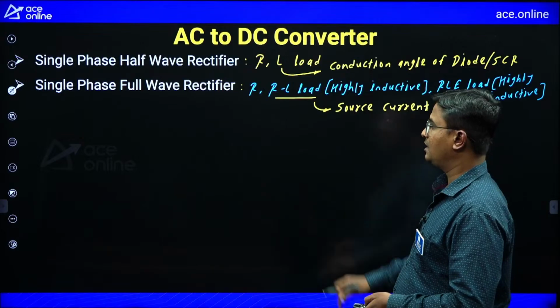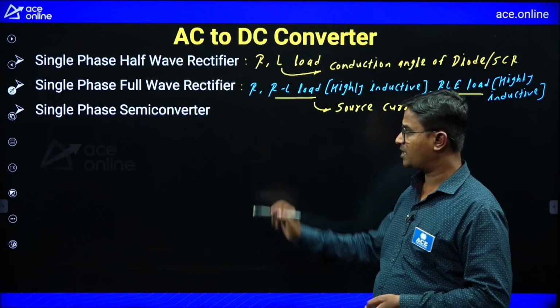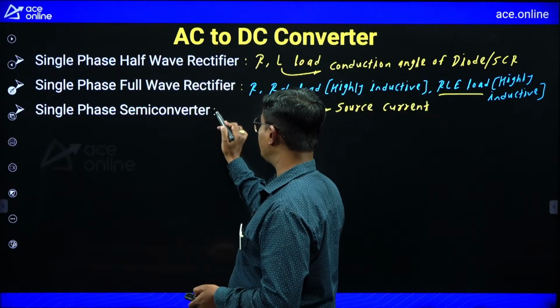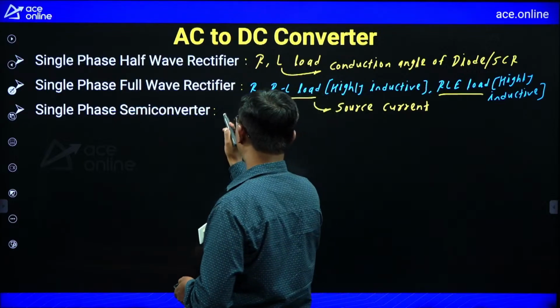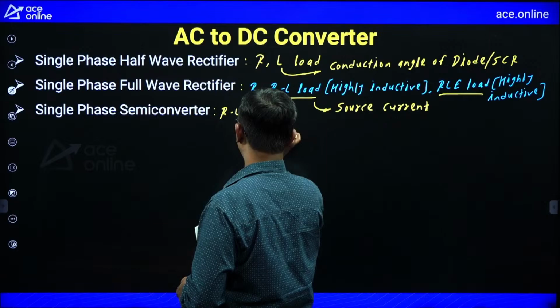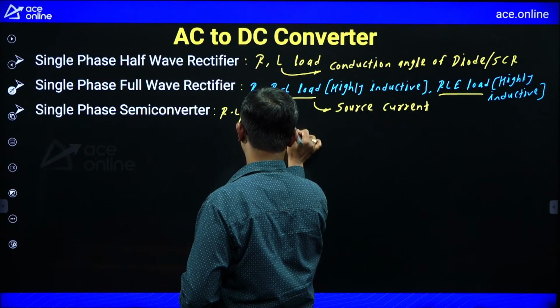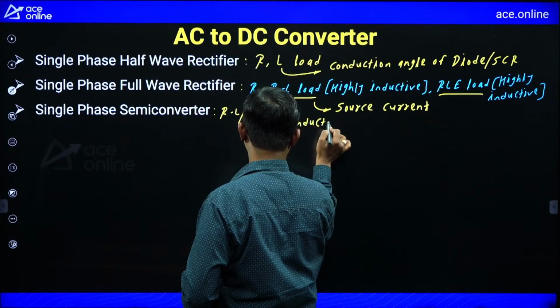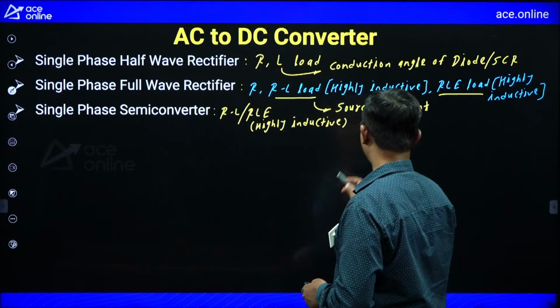Next, single phase semi converter. Semi converter means here we are using two thyristors and two diodes. On this also only highly inductive load, RL or RLE. In this case also, the nature of the source current, IS, is important.